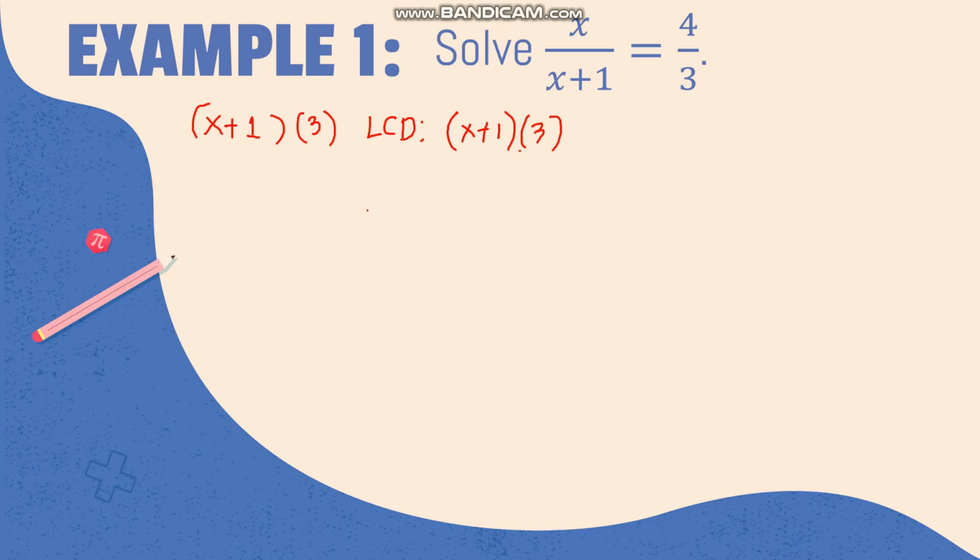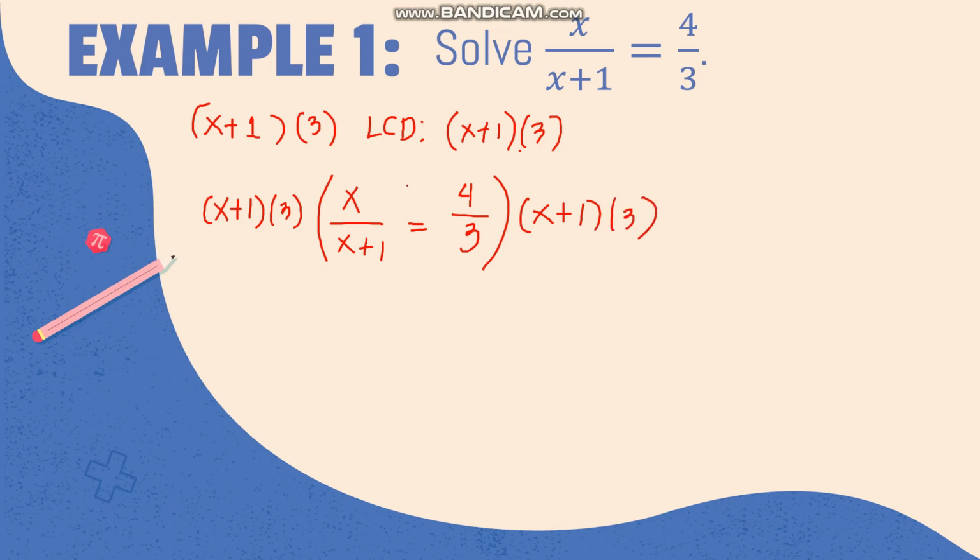Then what you do is multiply the whole equation by the LCD. So we will multiply both sides by x plus 1 times 3: x over x plus 1 equals 4/3, and then multiply the other side by x plus 1 times 3 as well.